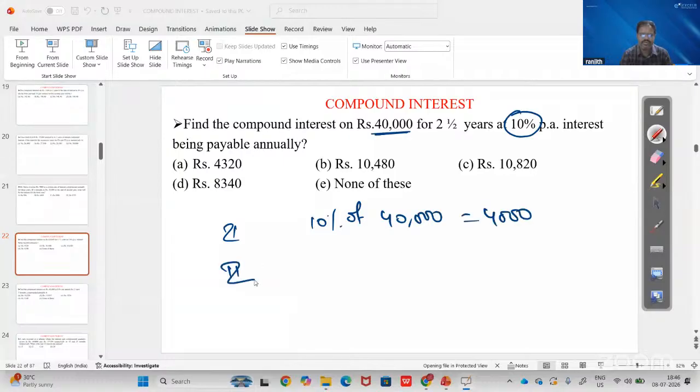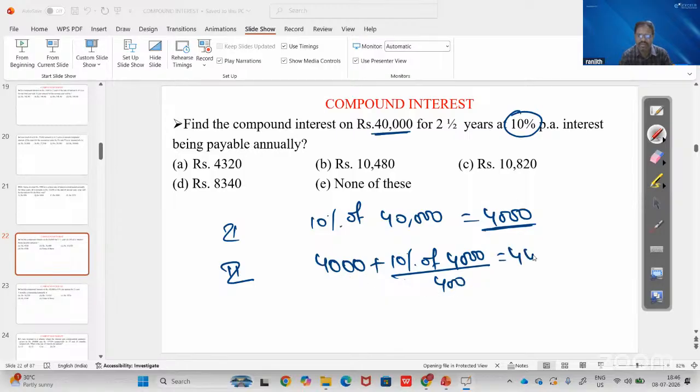Second year will be equal to interest on interest. First year will be equal to 4,000. Second year will be equal to 4,000 plus interest on interest will be equal to 10% of 4,000. So 10% of 4,000 equal to 400. 4,000 plus 400 equal to 4,400.